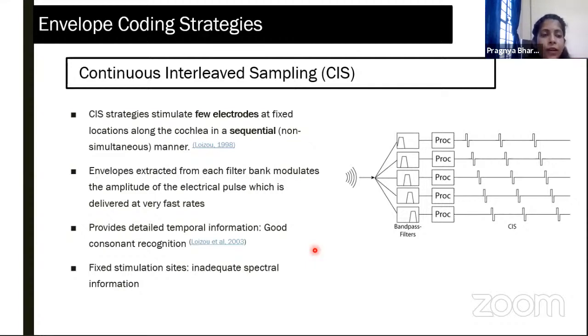But it was also found that because only a few fixed spectral bands were used, the bandwidth of the filter banks was usually larger, and it was not able to take advantage of the place coding of the electrodes in the cochlea. So that limited the depiction of the spectral information.